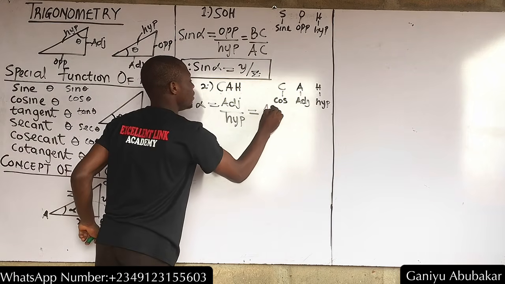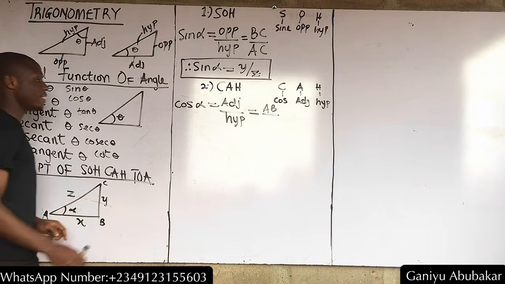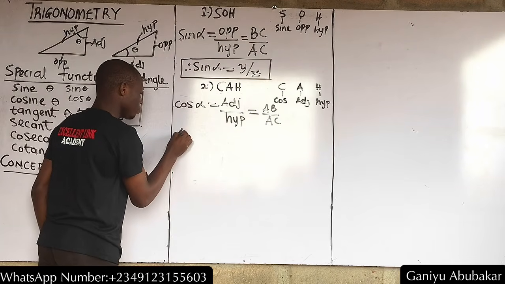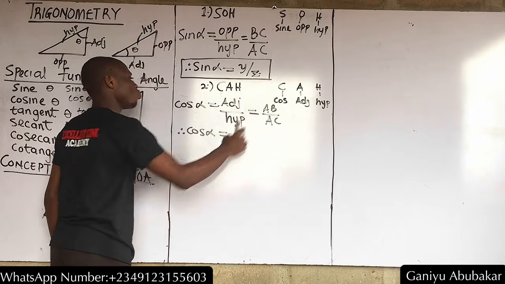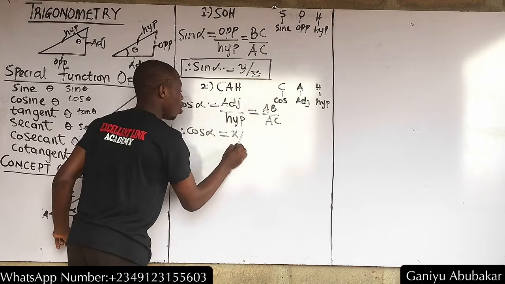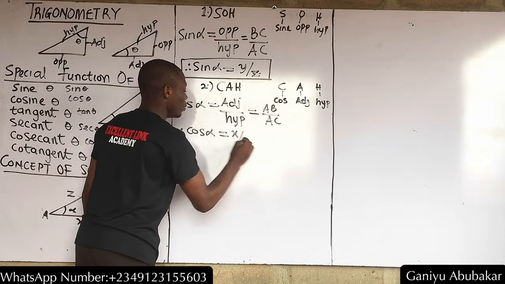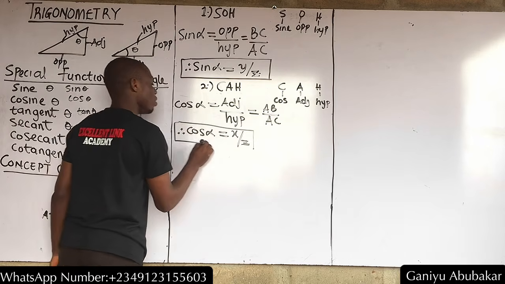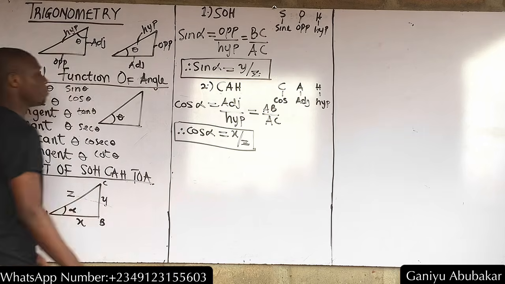So I have AB all over hypotenuse, the longest part, that's AC. So cos alpha is AB over AC. AB is X and AC is Z, so cos alpha is X over Z. This becomes the expression for CAH.